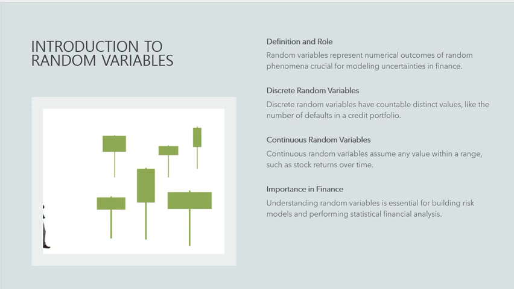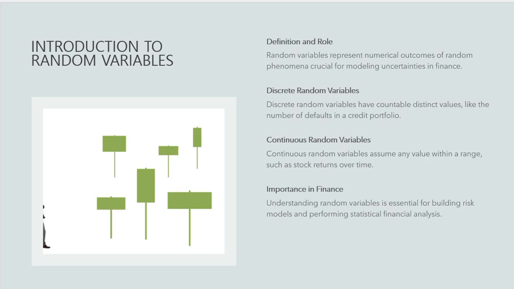A random variable is a fundamental concept in probability and statistics. It represents a numerical outcome of a random phenomenon. It can generate random numbers by using the RAND function in Excel or the np.random function in Python.